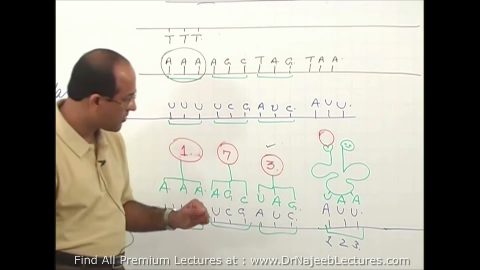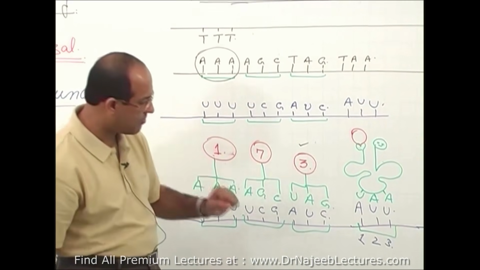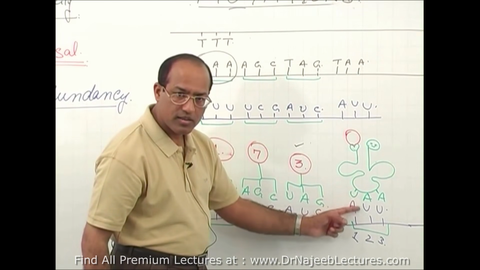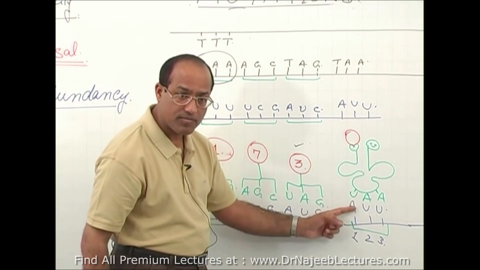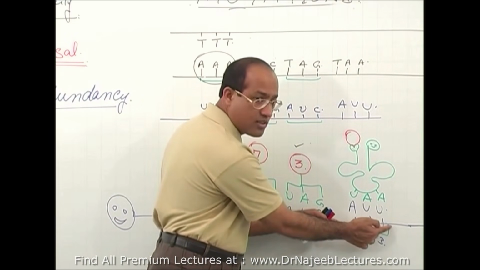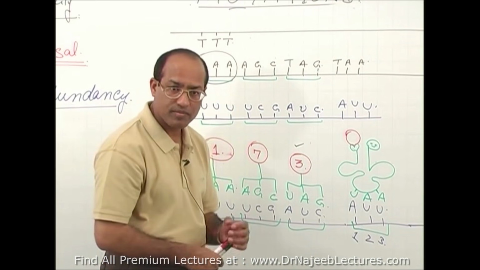Now listen carefully. Why have I made this change in my diagram to correct it? Listen why. Because they should be anti-parallel to each other, right? If it is from here to there, it is 5' to 3', then it should be in this direction 5' to 3'. Is that right?